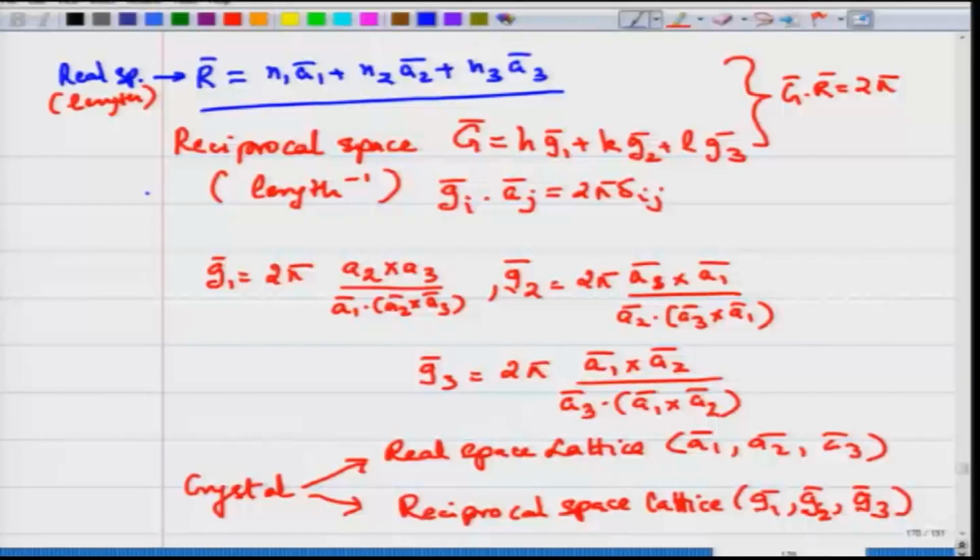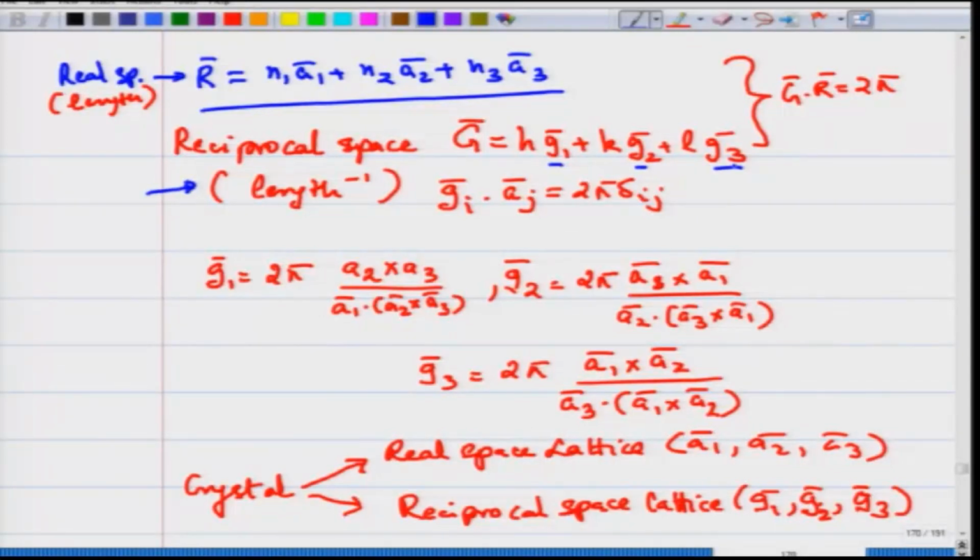You can also generate for the same crystal another set of points which is in another space, not in real space, but in a space called the reciprocal space, where distances are measured in inverse of length. In that space you can generate a set of points which correspond to the same crystal, using these fundamental vectors g1, g2 and g3.